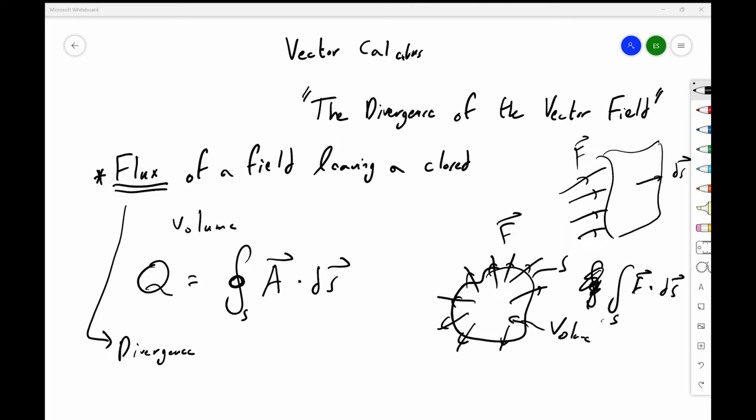It's similar to taking the slope between two points and then taking the limit as the distance between the two points goes to zero. Same idea. If I take the flux around the volume and then take the limit as that volume goes to zero, that gives me the divergence.